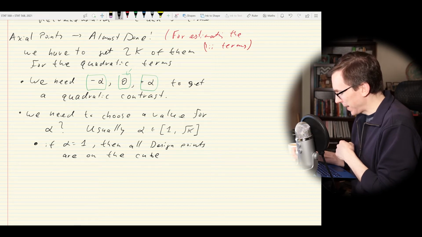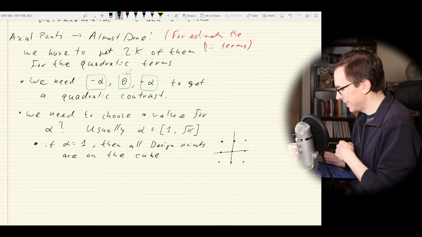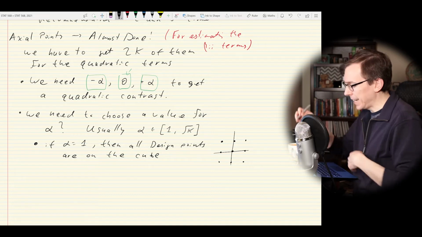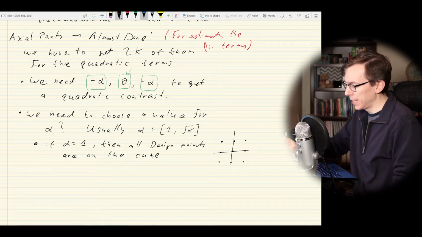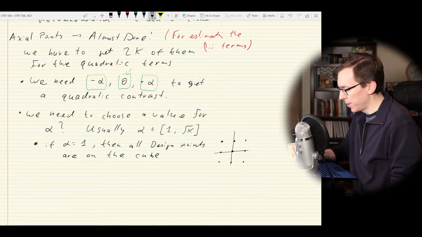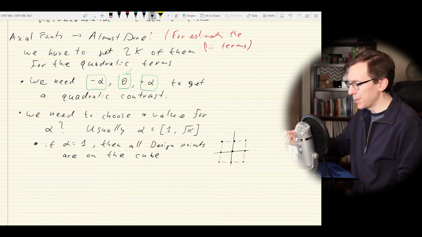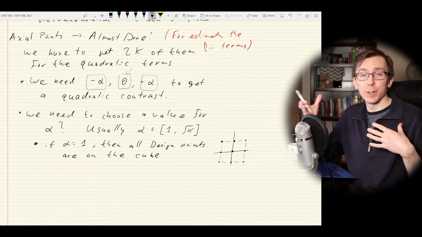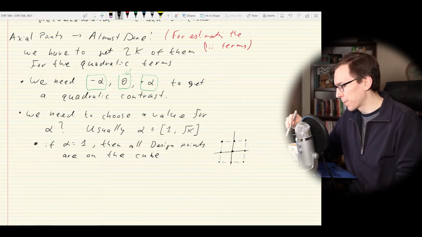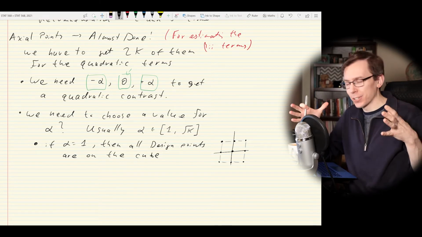In this case, what we would have is something that looks like dot, dot, dot, dot, dot, dot, dot, dot, dot. So in that case, all of our points would lie, except for the center point, which is always in the center, obviously, but all of our non-center points would be on the cube. And if we took this into higher dimensions, it would all be the same. All of our points would be on the k-dimensional hypercube.